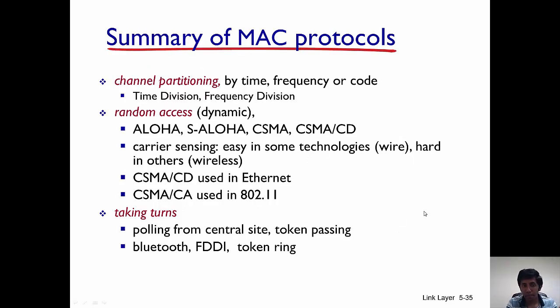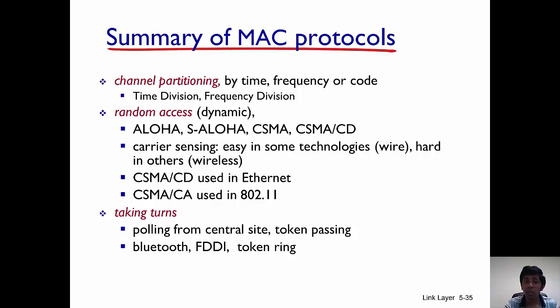So with that, we come to a discussion of the different MAC protocols. Today we talked about different channel partitioning protocols, that is TDMA, time division multiple access, and frequency division multiple access. We also talked about the random access protocols such as Aloha and Slotted Aloha. Then we looked at CSMA, which is carrier sense multiple access, and CSMA/CD, which is carrier sense multiple access with collision detection.